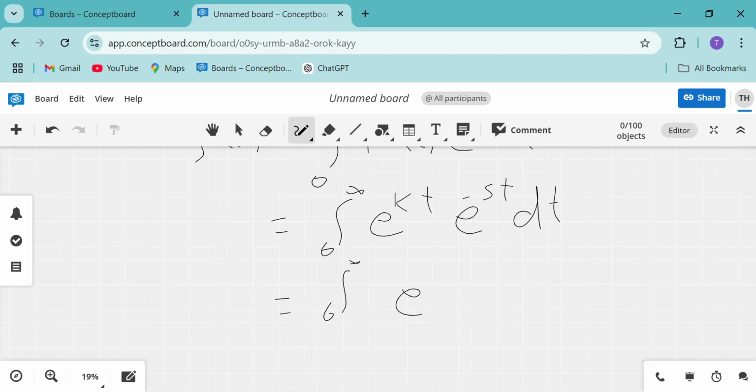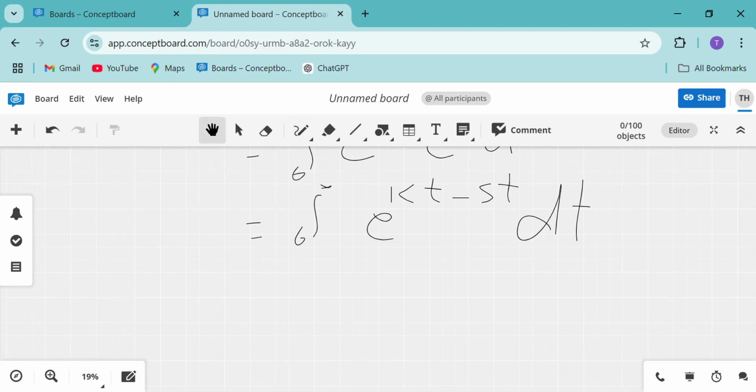Now we will combine the exponentials, exponential kt minus st dt.